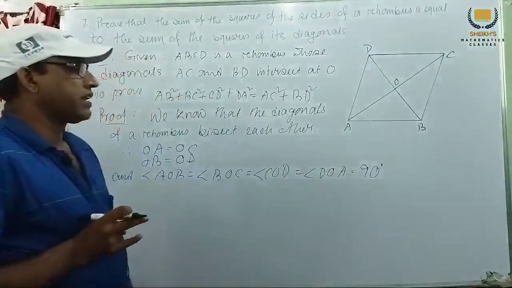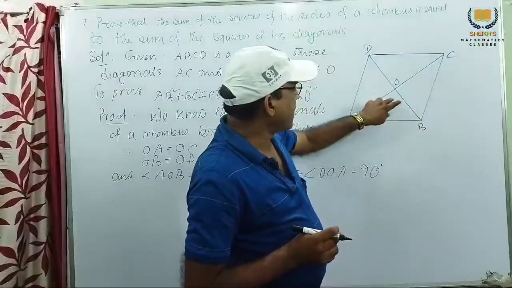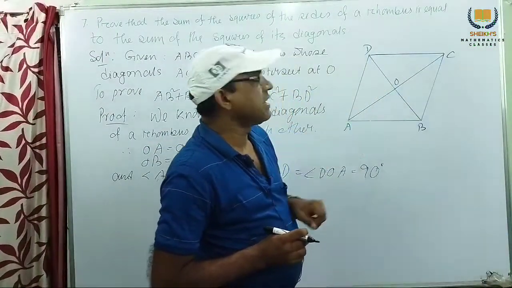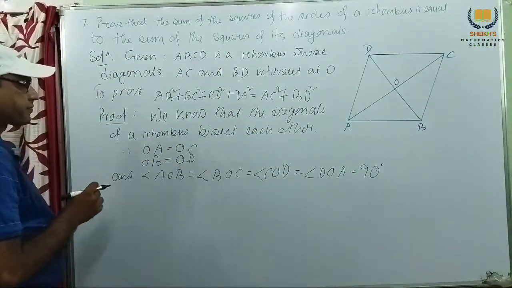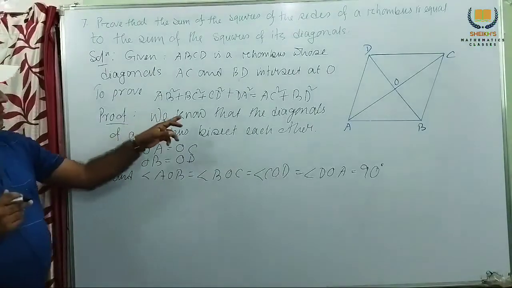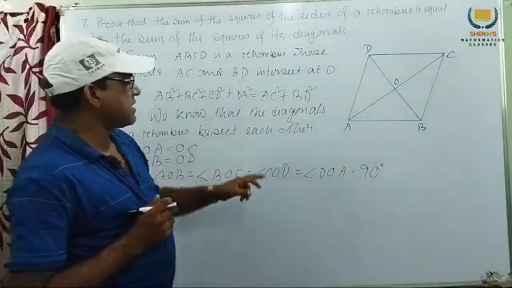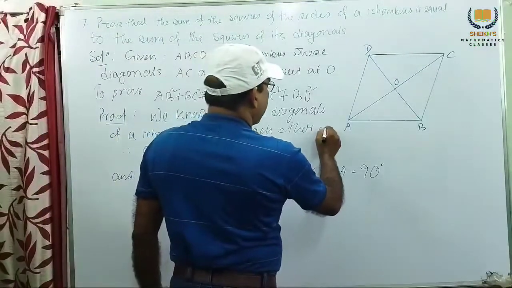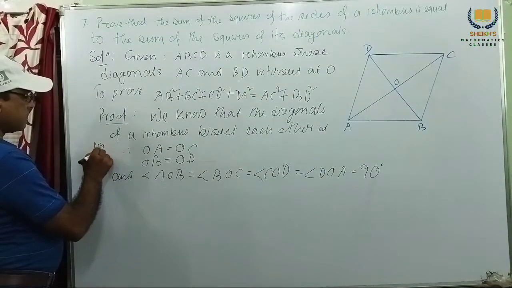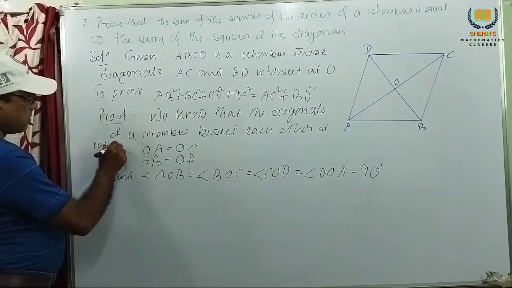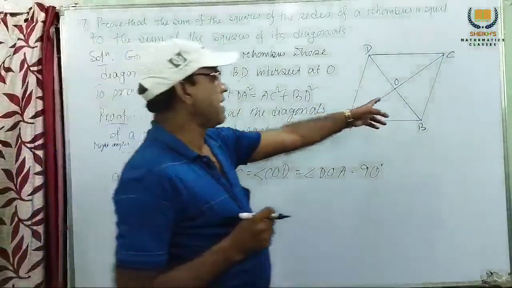So we get this in case of a rhombus. One thing is left. We know that the diagonals of a rhombus bisect each other at right angles.